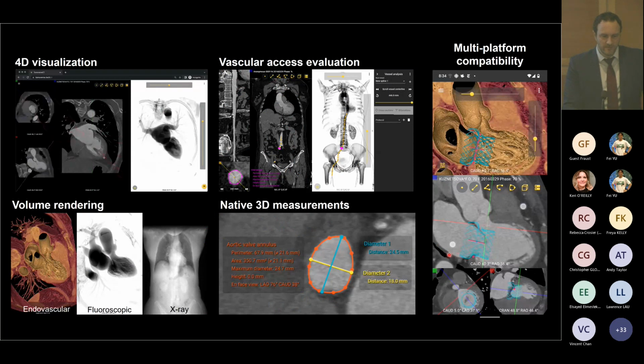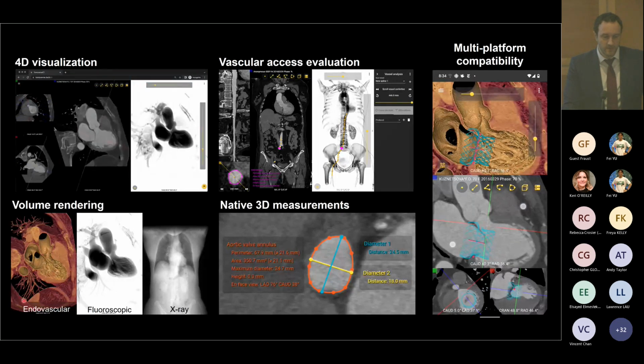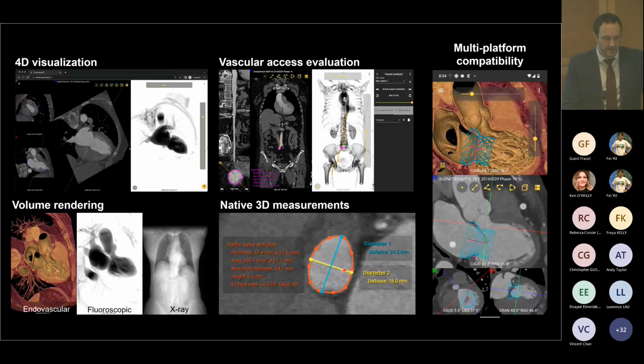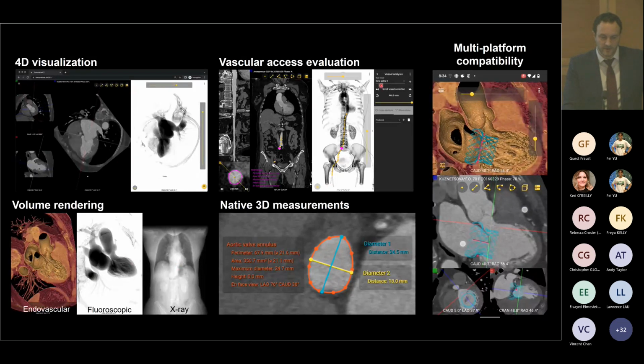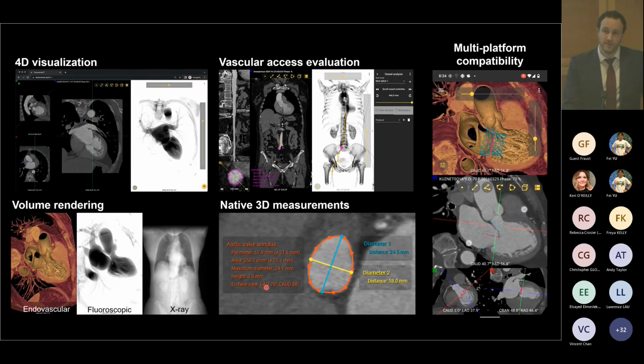Just very briefly, the software itself has 4D visualization for CT scans. It has volume rendering with a few different modes, such as an endovascular mode, a fluoroscopic mode, or an X-ray mode. We also have vascular access evaluation that has been developed, and some 3D measurements.